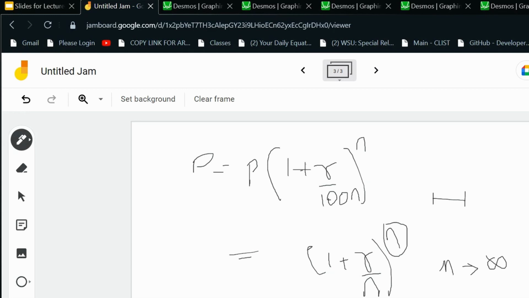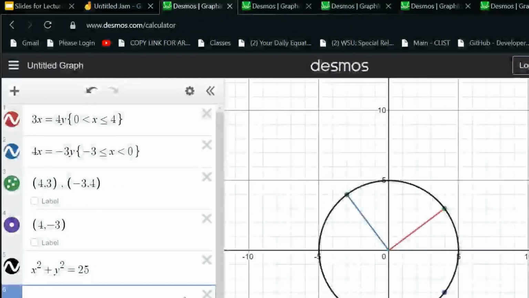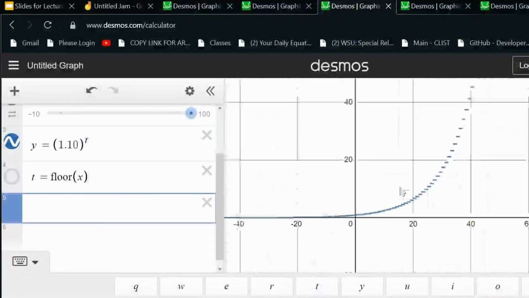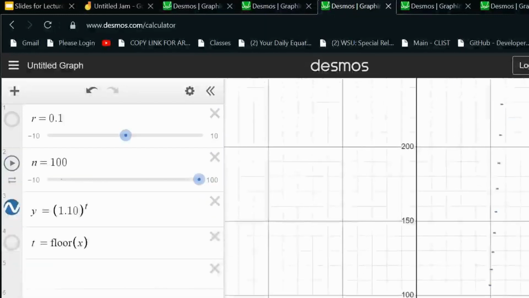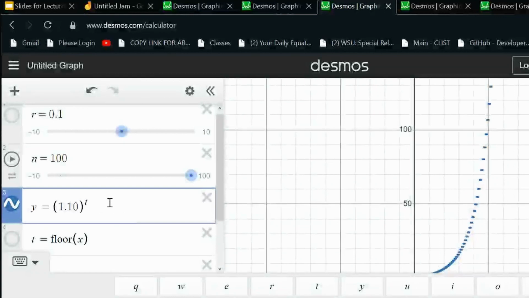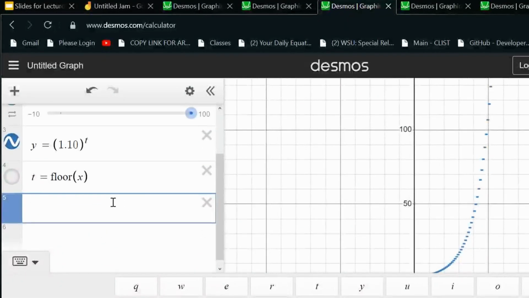So it's e raised to r. If r is 1, the number approaches e. So we can see this graph looks exponential, right? And now let's say we plot the graph.